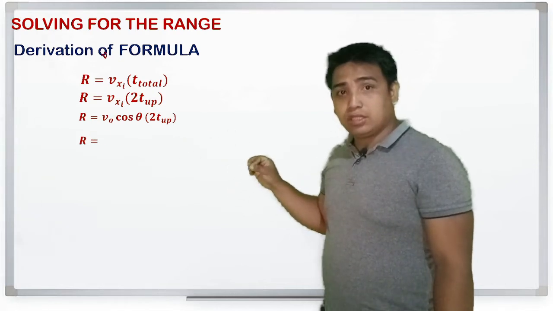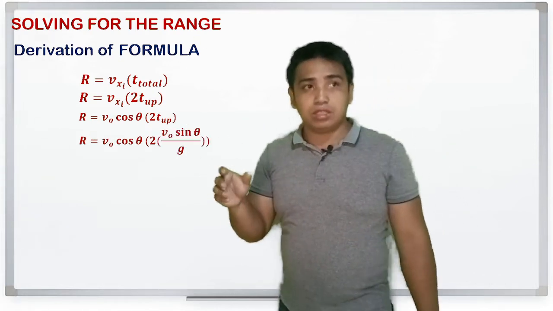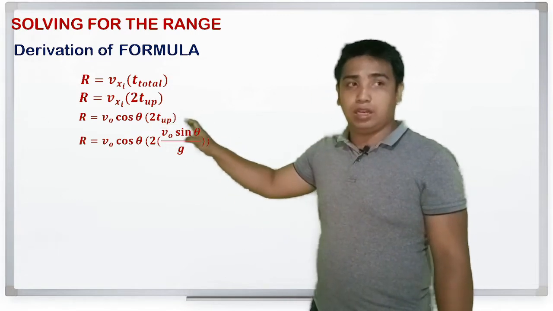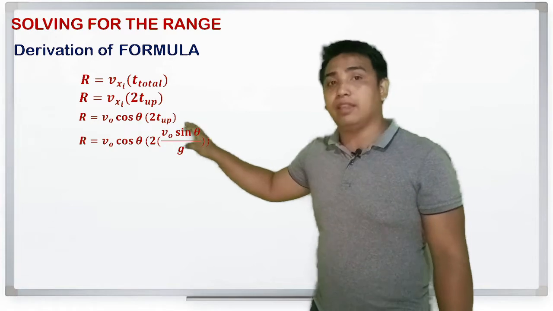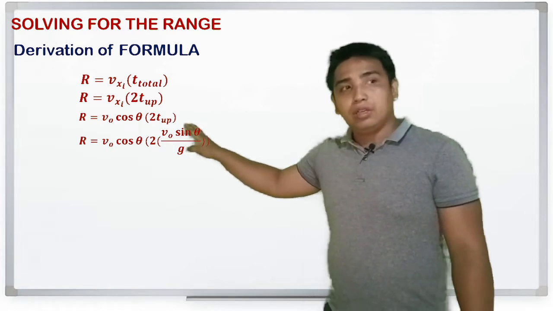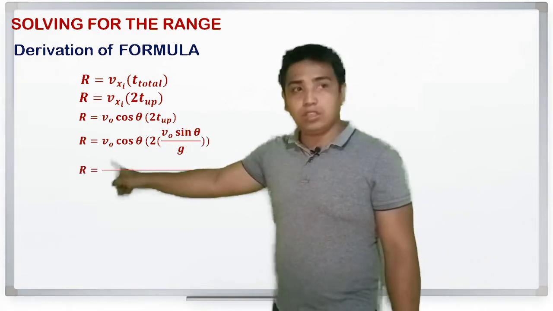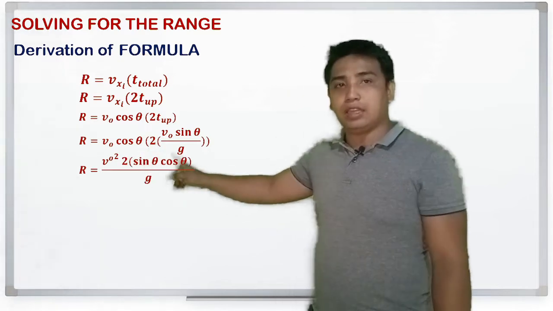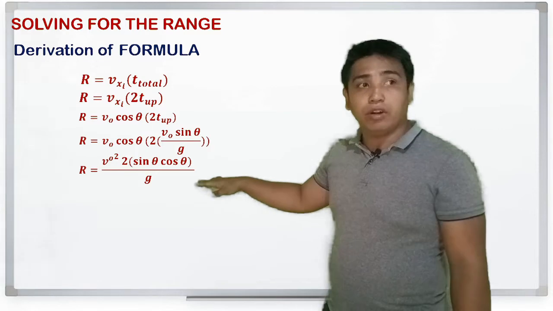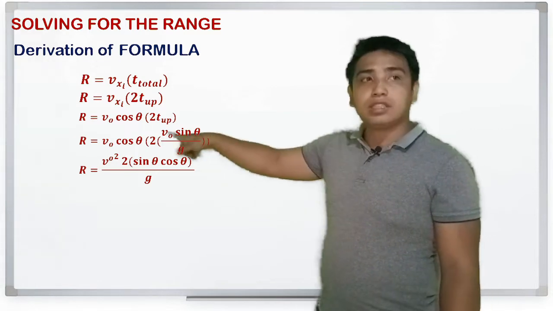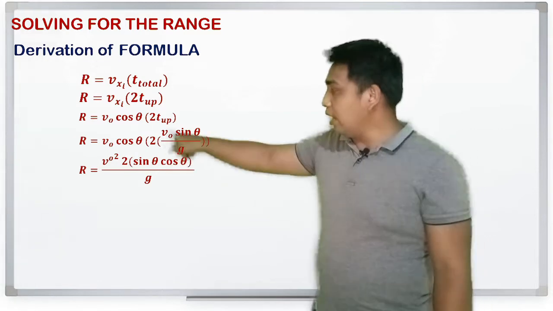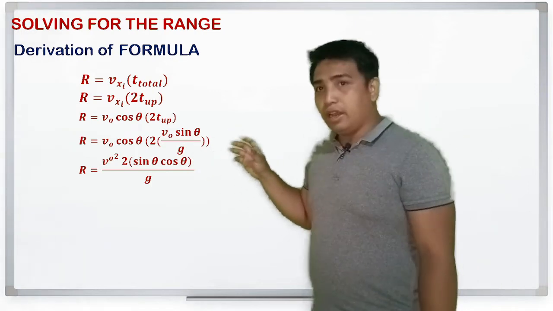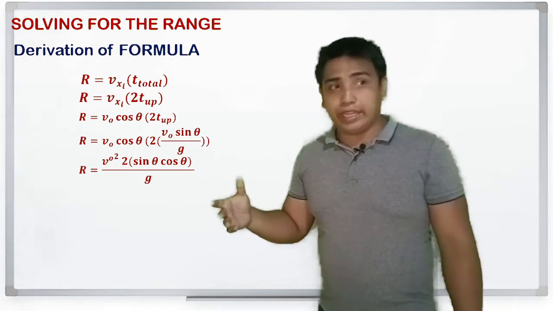Alright, so you will see here that there are two functions involved here, the cosine function and the sine function. So you can actually multiply them to one another. You're gonna have range is equivalent to v0 squared times 2 sine theta cos theta all over g. Alright, so this particular term is actually a trigonometric identity.